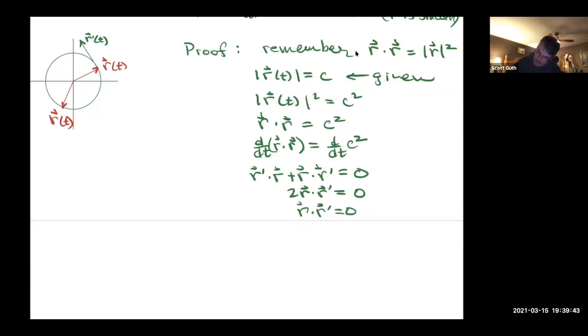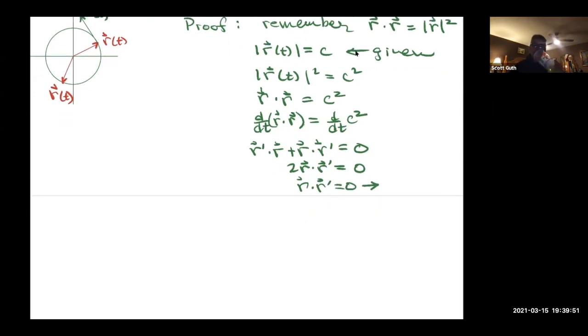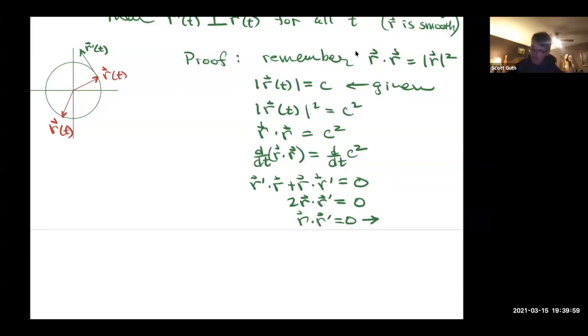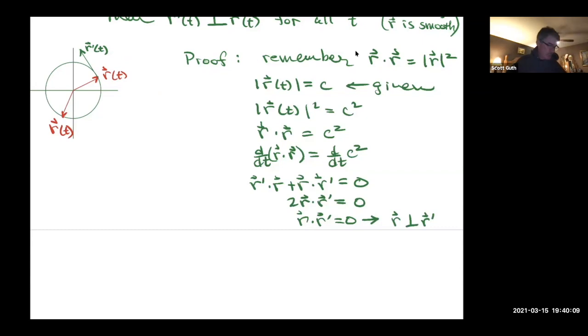What does that tell us? That's our proof, right? If the dot product is 0, that means the position vector is perpendicular to r prime. Okay, so that was just kind of a side thing.